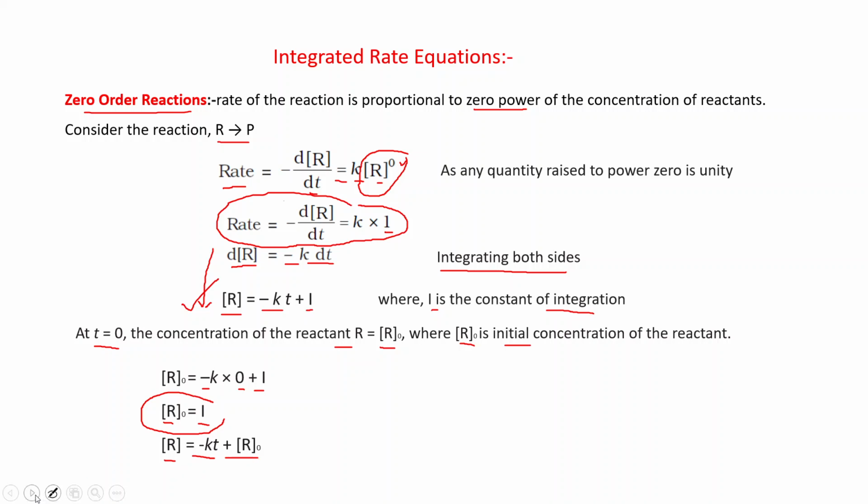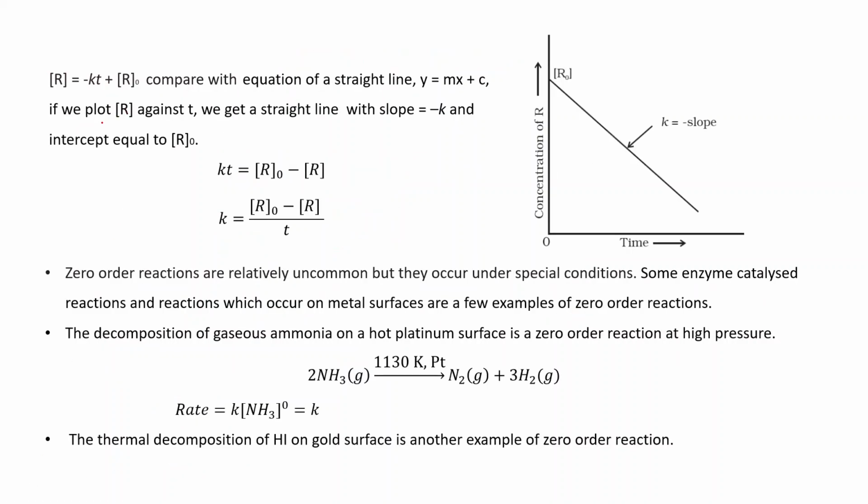Now, before rearranging this equation, just compare it with the equation of a straight line, y is equal to mx plus c. If we plot a graph between R and t, with R on the y-axis and t on the x-axis, then we will get this straight line, and its slope is equal to minus k.